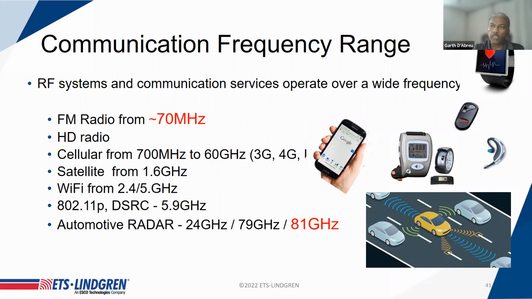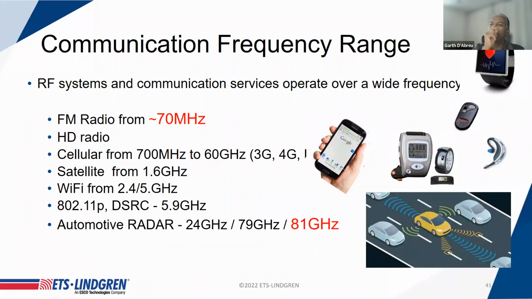Then obviously cellular frequencies started going up, where we got up to the LTE band. We got up to 5.9 gigs for Wi-Fi, DSRC, and up to 24, 26 gigs for 5G currently. So the frequency range is creeping up to higher levels for the different protocols that are used.